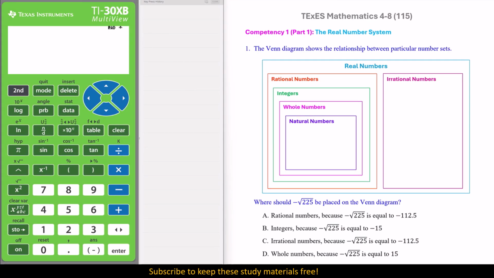For these videos, I will use the TI-30XB multi-view calculator. Now that is presentation-wise the same as the TI-30XS and some of the other family of calculators.